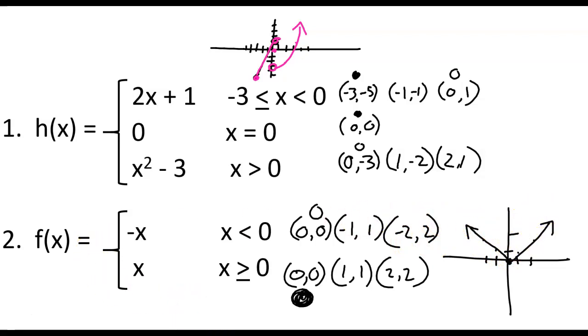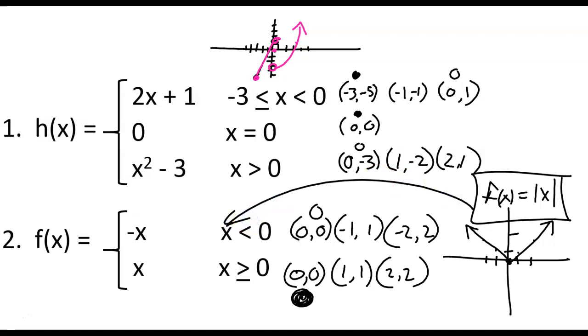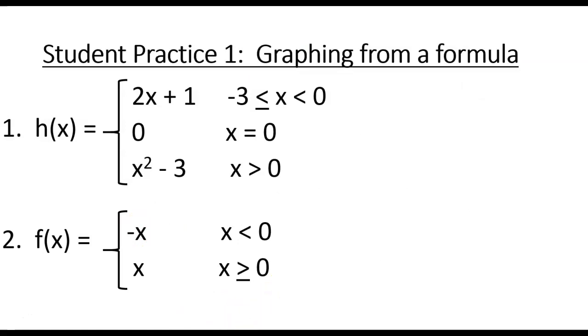And in case you didn't notice, that's just the equation of an absolute value function, right? And if you wanted to do what we did last class and turn the absolute value function into a piecewise function, that's exactly what it would look like. Okay, so just drawing some ends together there so you can understand things.